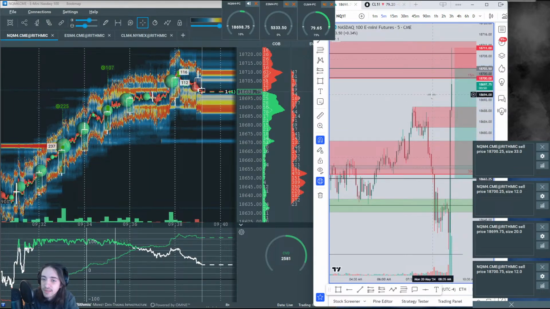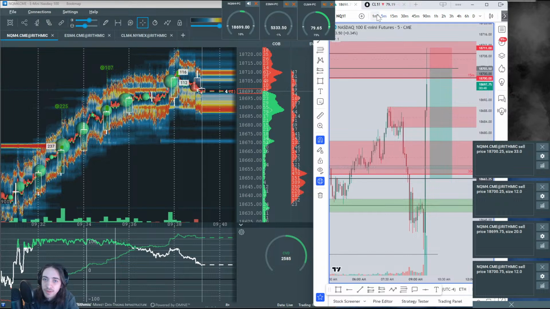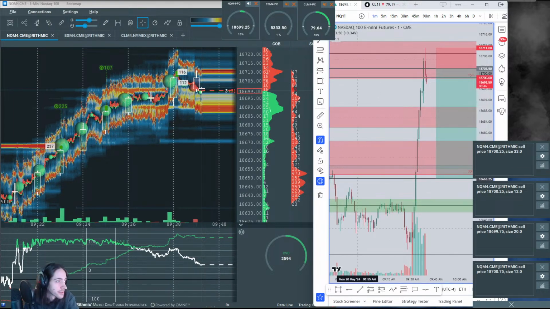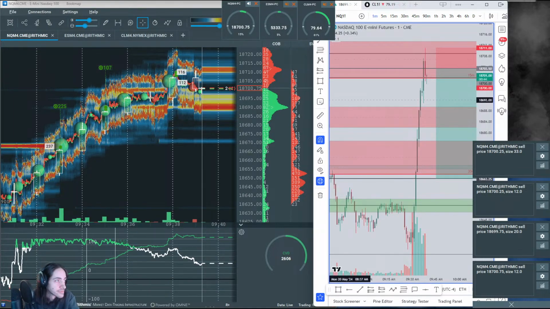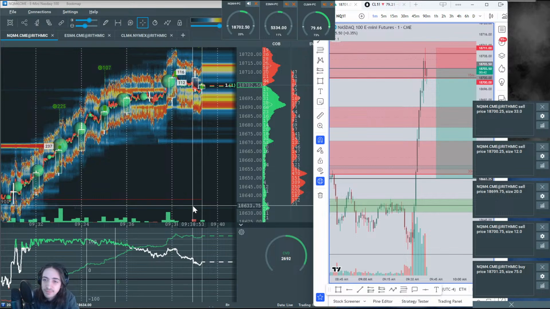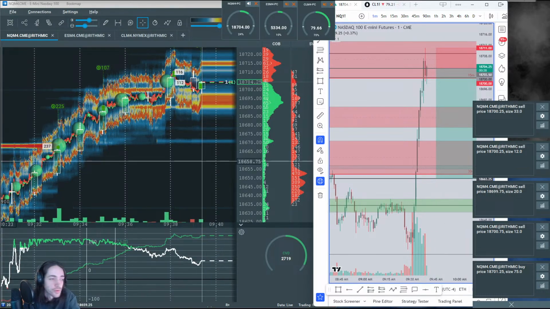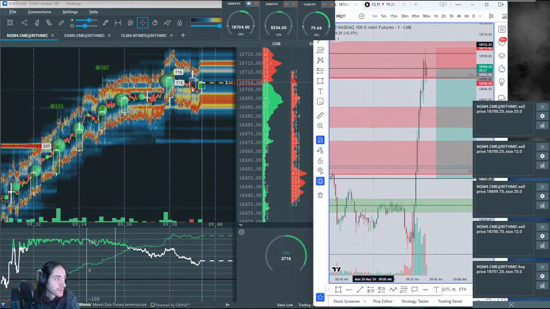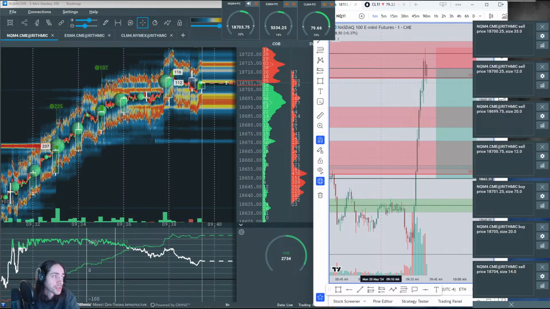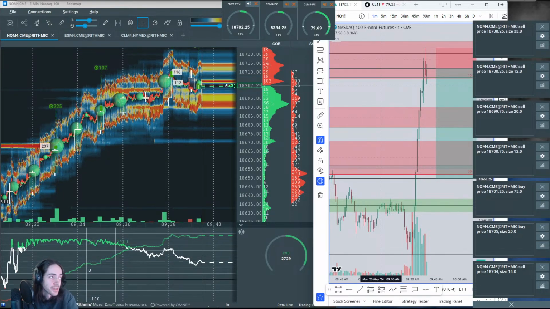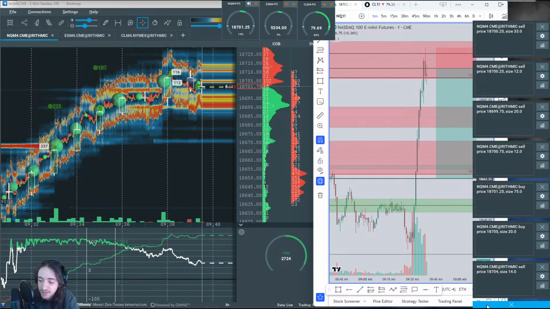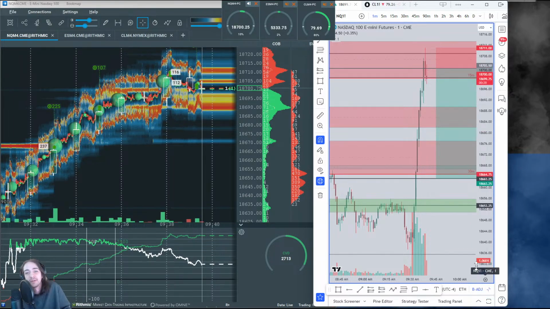What are we looking at? 5 to 1 on that. But again, it's 5 to 1, that's great, but that doesn't mean it's going to hit, right? There's no, oh, good risk reward, that means it's definitely going to hit. That's not how it works. It just means it's just one piece to the puzzle.